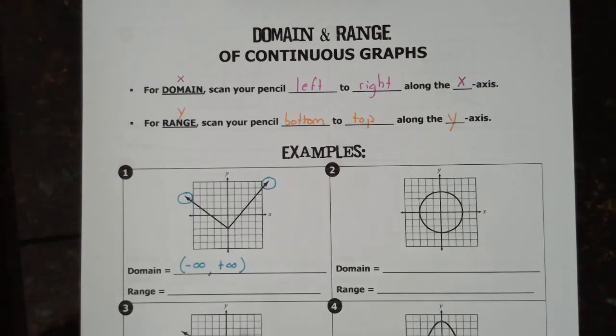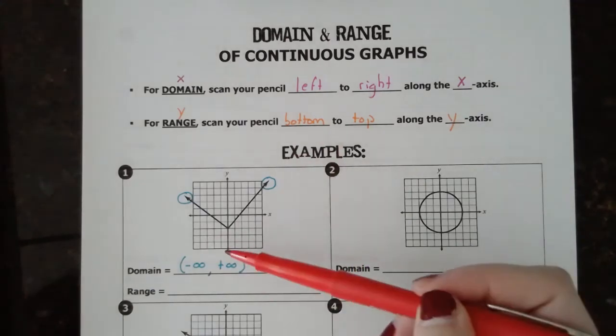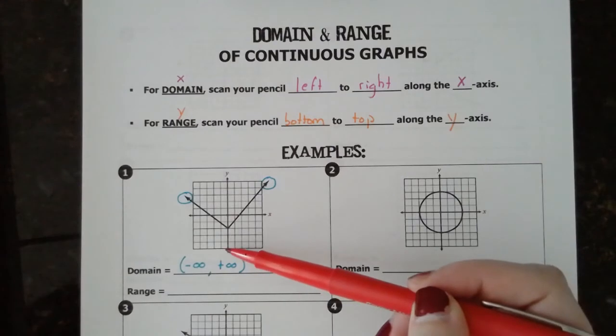Alright, and now let's take a look at our range. And I know it's a little confusing now, but as we do more examples, I think it'll be more clear. Alright, so for our range, we're going to scan bottom to top. So we're going to start at the very bottom of our graph, and we're going to go up, up, up. And as you can see, we start right here, which is -2.